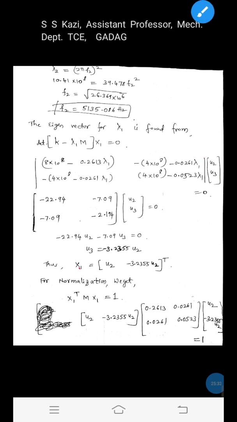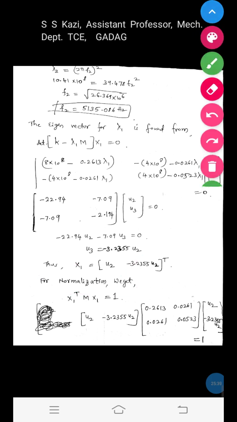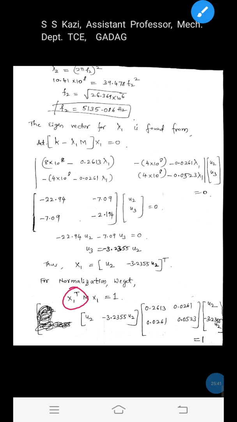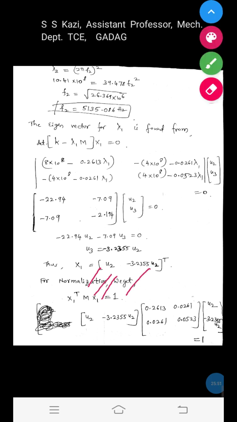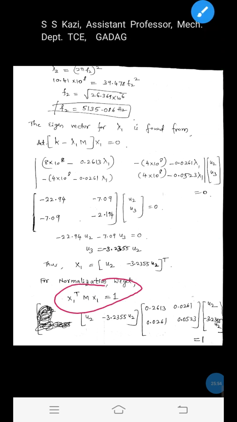Now for normalization, to calculate the mode shapes, the eigenvectors, the normalization expression is given by x1 transpose m into x1 is equal to 1. Using this, we substitute x1 transpose, which is u2, minus 3.2355 u2, into the mass matrix, which is 2 cross 2.